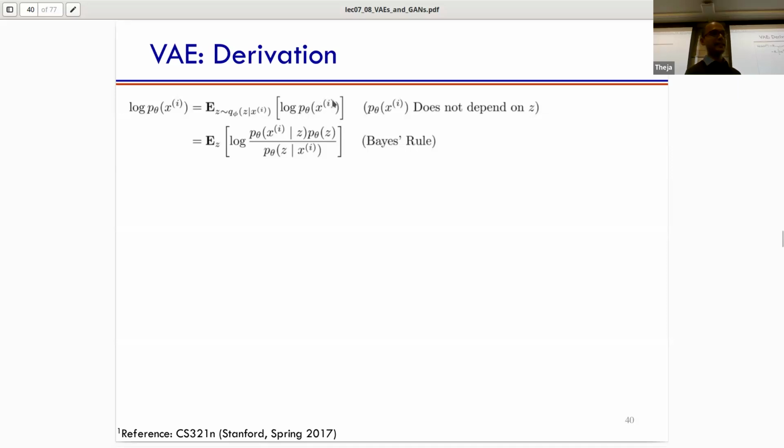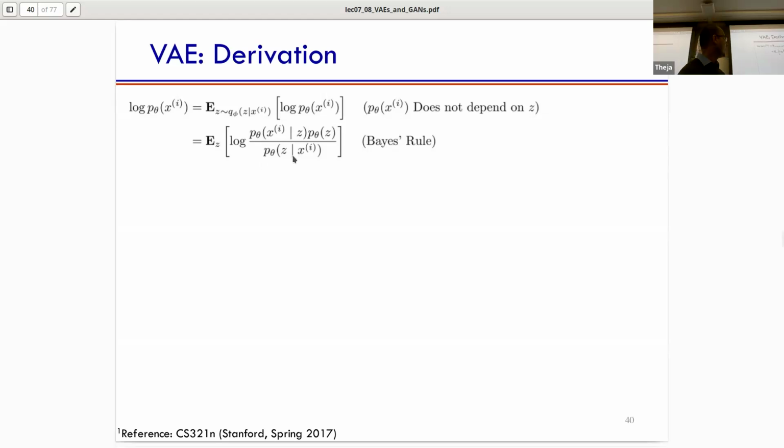P of X times P of Z given X is equal to P of Z times P of X given Z. If you have a joint distribution between X and Z, you can write it as probability of Z times probability of X given Z, or as probability of X times probability of Z given X. So we're just replacing this single term with these 3 terms. That's just Bayes' rule, or the definition of conditional probabilities.